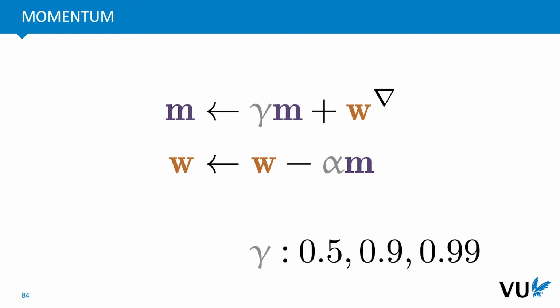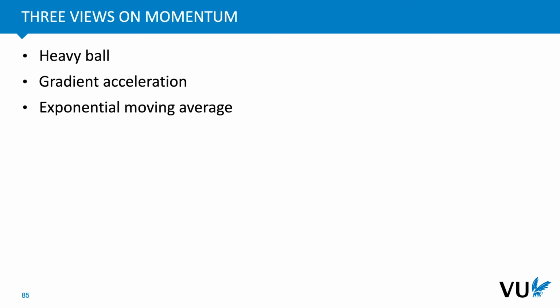It needs to be smaller than 1, and it's usually larger than 0.5. What does this mean? How does this work, and why does it work? We'll look at three perspectives on how to arrive at these equations and how to understand what they do. We'll first look at momentum by a physical analogy. Then we'll look at the way it accelerates the gradients, and then we'll see that it computes an exponential moving average.